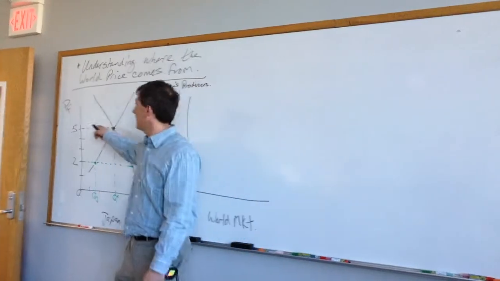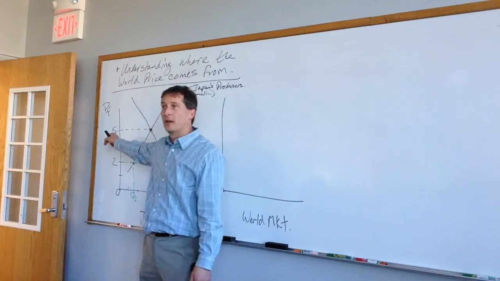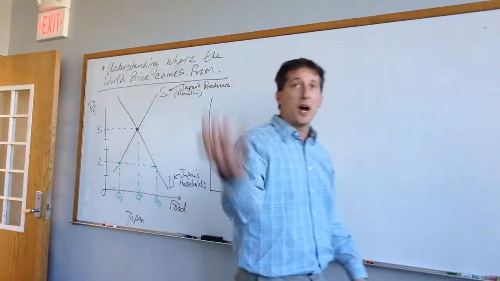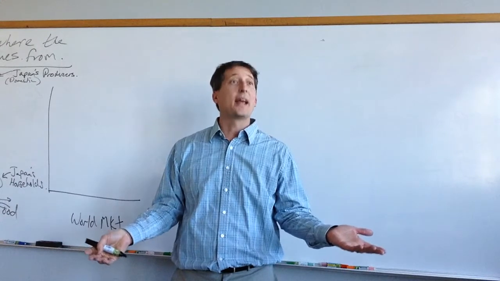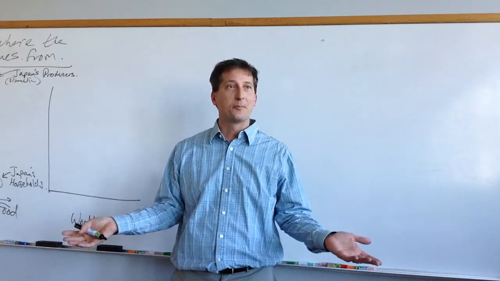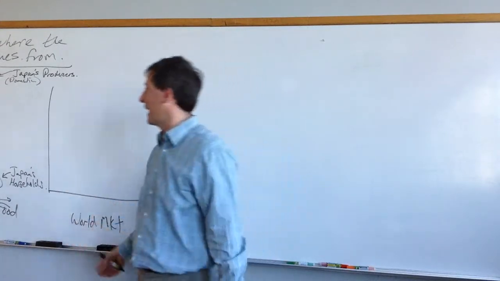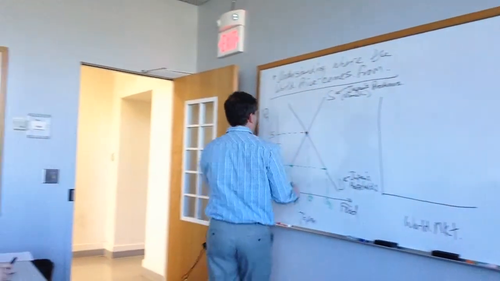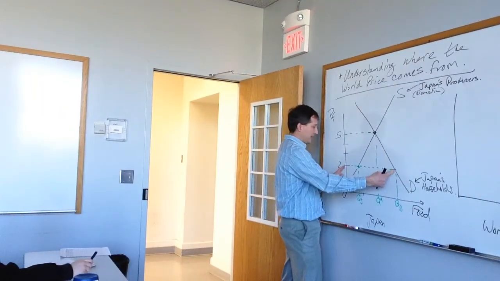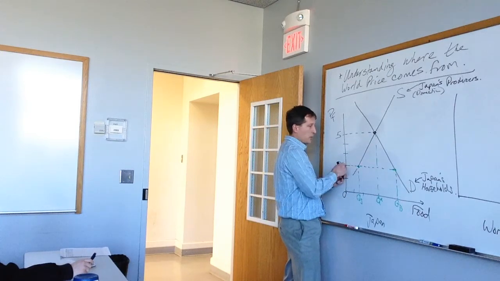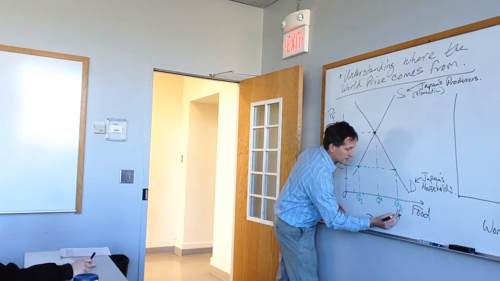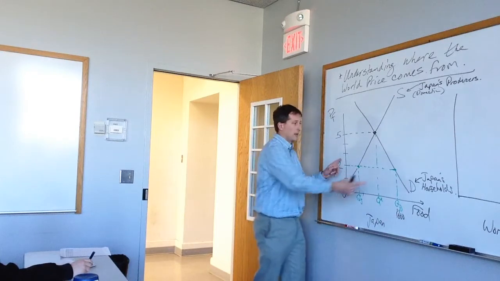No, because they're paying 5 in their country. But if the world offered a price of 2, would they like to buy some? Yes, it's cheaper than what they have, right? So in fact, they'd like to buy this many. We already know that. And so this quantity, let's just call it 1,000, just to get a number going here.